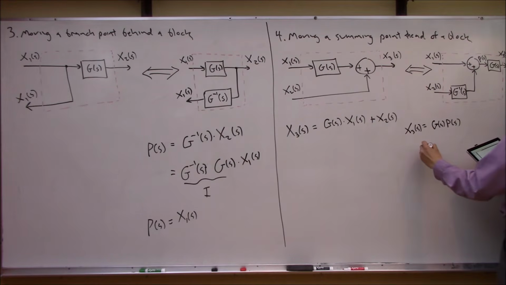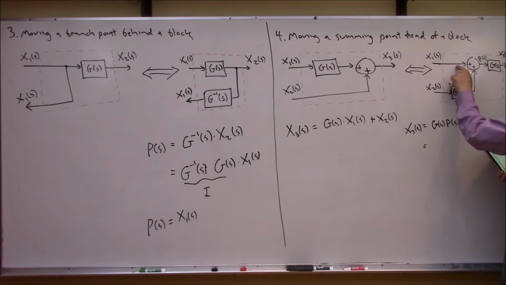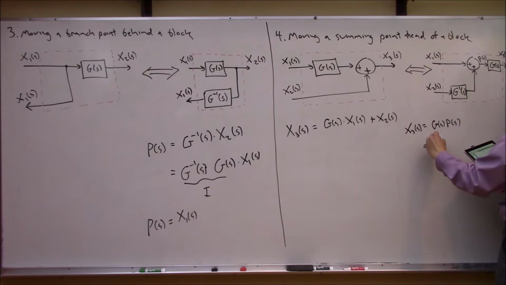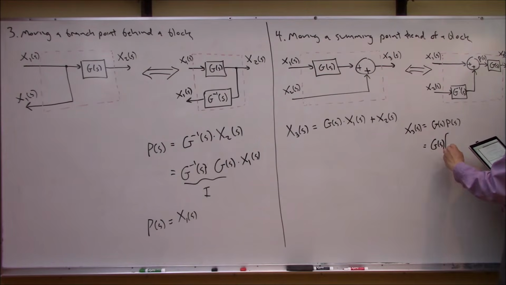Now we have to ask ourselves, what is p? P is this signal plus this signal. And this one you can get from the transfer function multiplied by its input. Sorry for skipping a step, but at this point it's a little bit trivial. So p is going to be x1 of s plus this thing right here, which is g inverse of s times x2 of s.